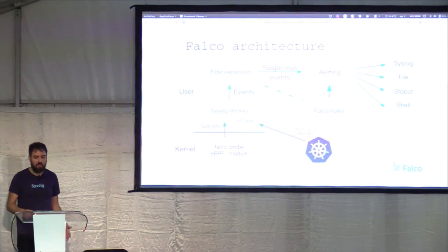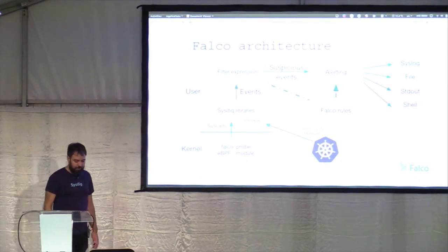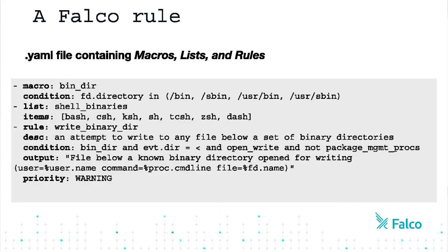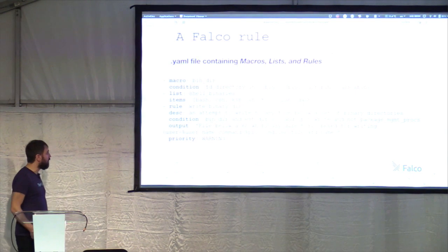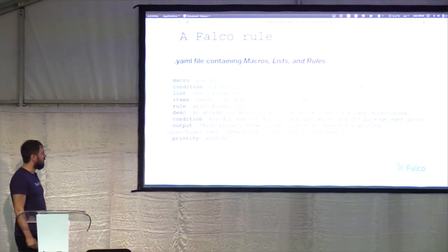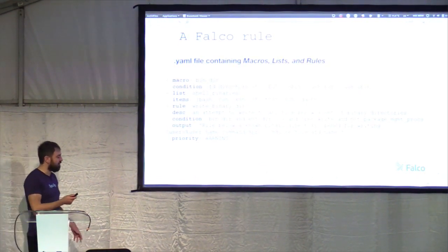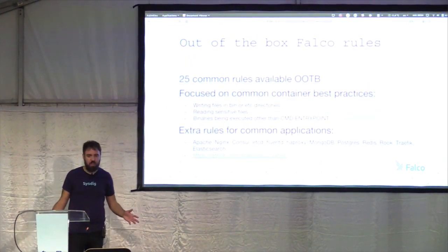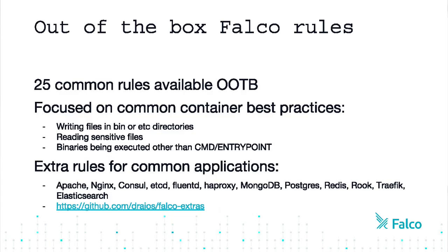We have that knowledge. So to give you an idea of what a Falco rule looks like, it's something like this. It's YAML, where you can basically define a few things and you define a condition, but let's get into the details. First of all, you shouldn't worry too much about creating hundreds of different rules.